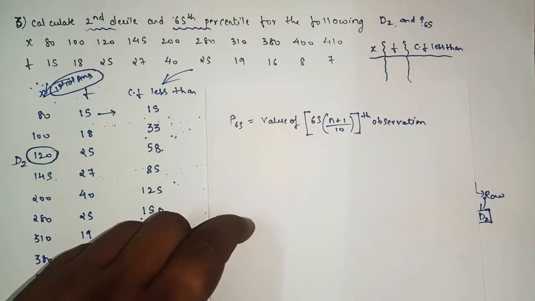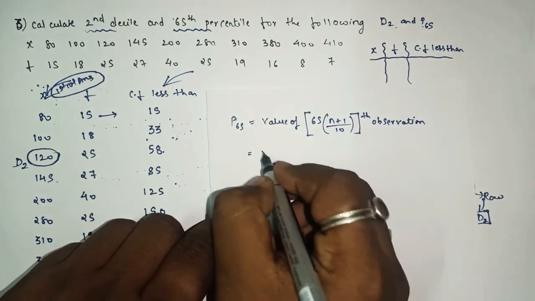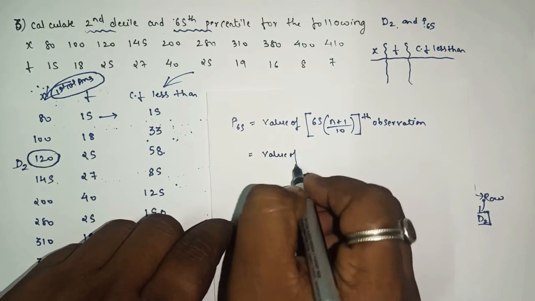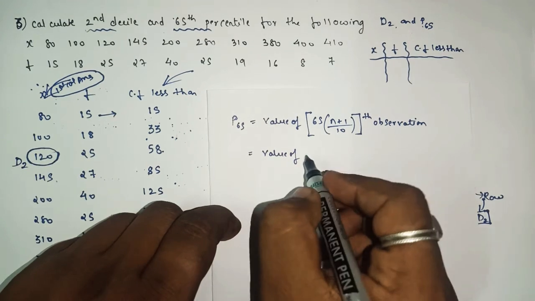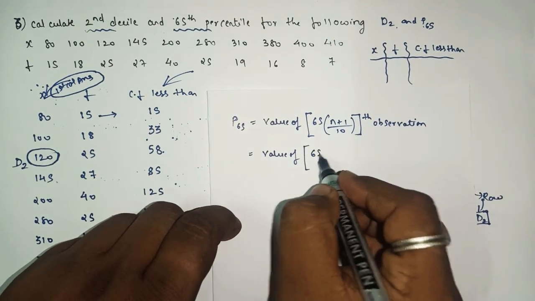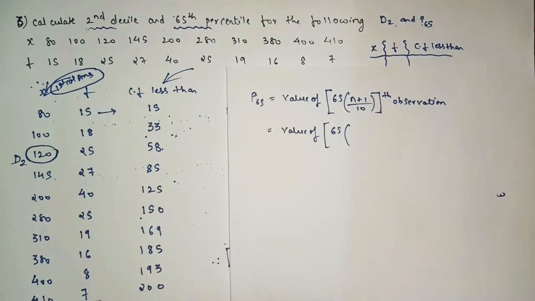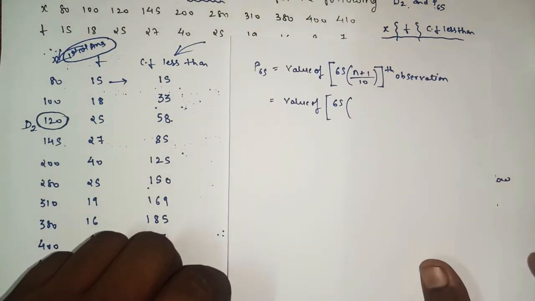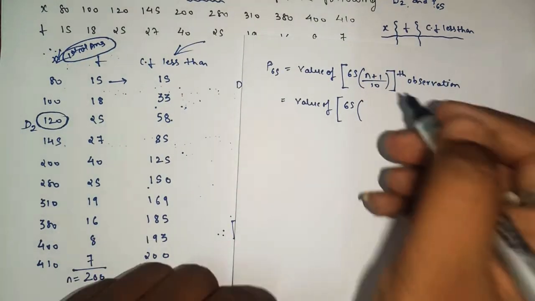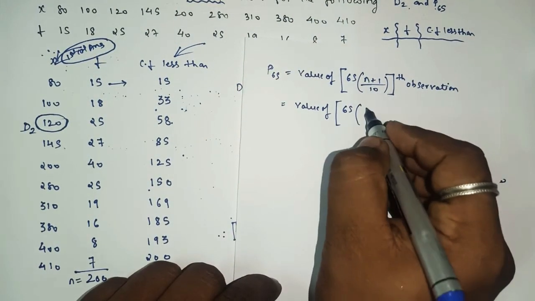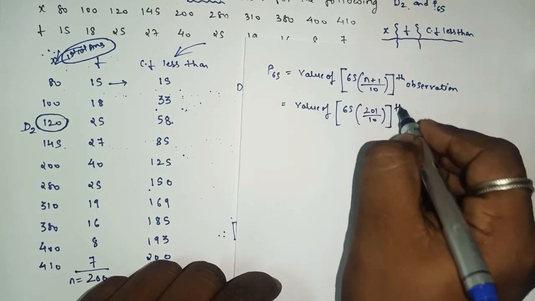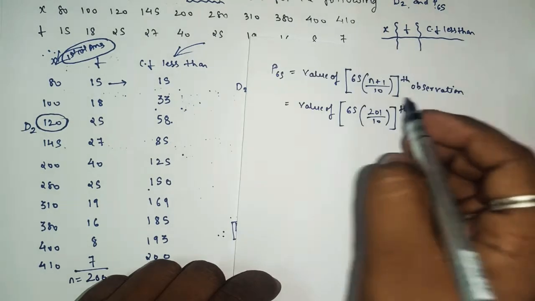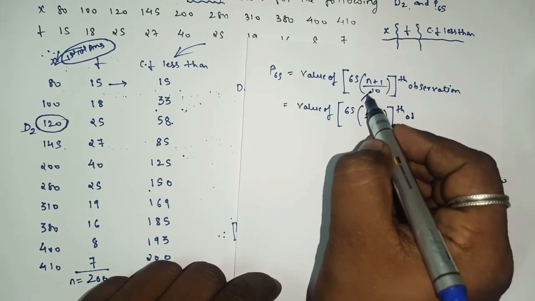Okay, so value of 65, the value of n is what? For this sum it is 200, yes or no? So 200 plus 1, it will be 201 upon 10 th, sorry, okay, here I did a mistake.